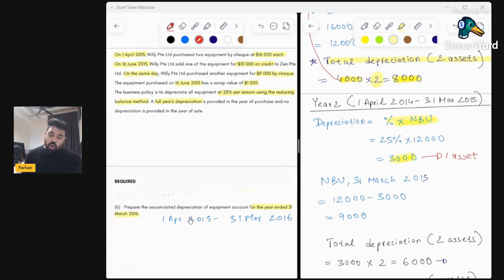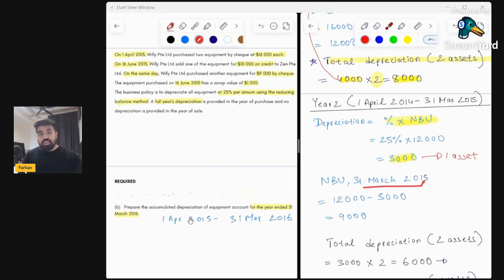Okay? All right. Now, because we're using the reducing balance method, we also want to find the net book value, and the net book value is being calculated at 31 March 2015, which is at the end of year two. We understand that the net book value at any given point in time stands for the difference between the cost and the accumulated depreciation.